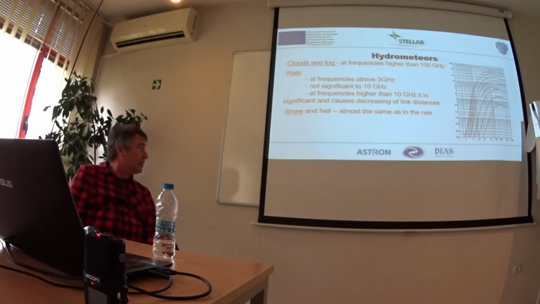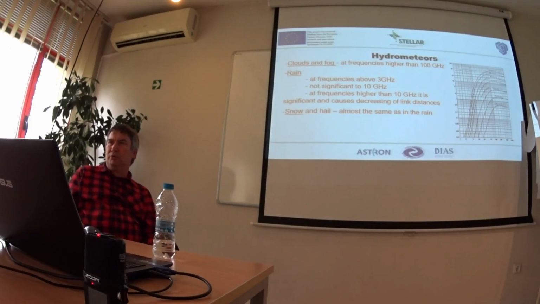So, snow and hail. The situation for snow and hail is almost the same as in rain, but the difference is that snow is not so intensive as rain. Rain rate is measured in units of millimeters per hour. You maybe know this.